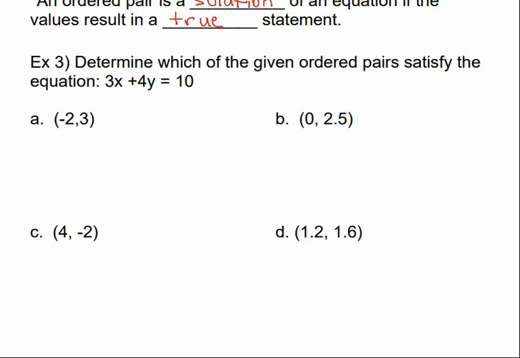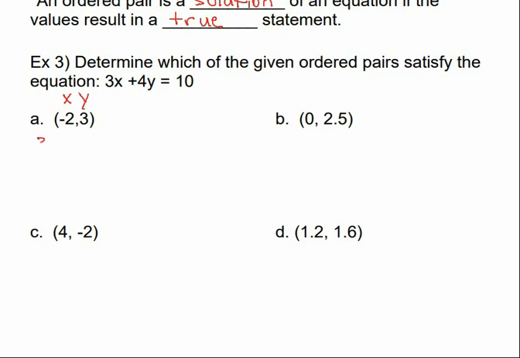So we're going to determine which of the given ordered pairs satisfies this equation, 3x plus 4y equals 10. Well, remember, in our ordered pair, the first value is my x coordinate and the second one is my y. So that means we're going to plug -2 in for x and 3 in for y.